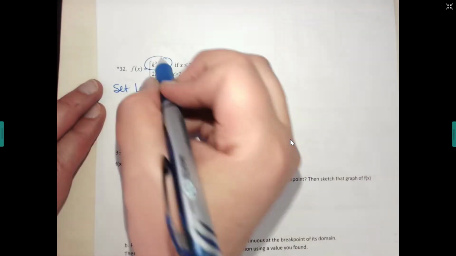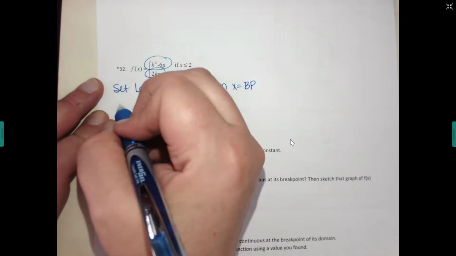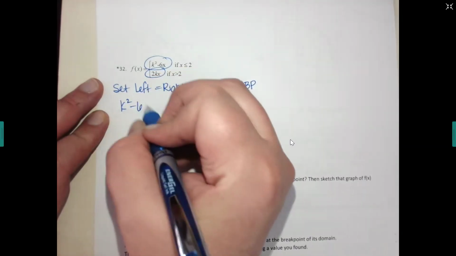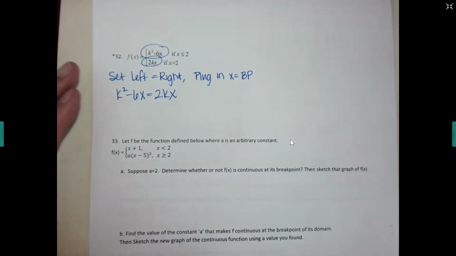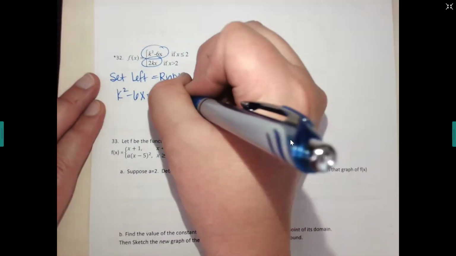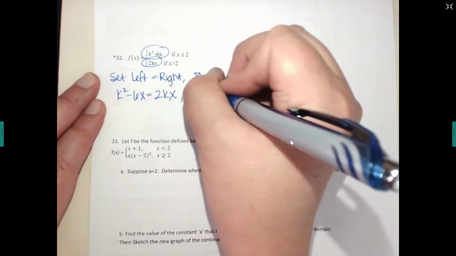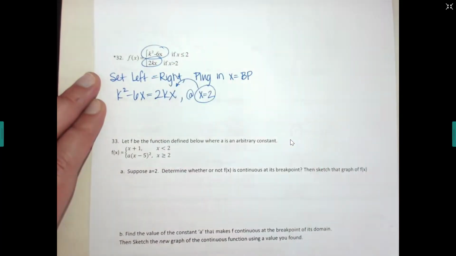So I'm going to let left equal right. So k squared minus 6x needs to equal 2kx. And then specifically that needs to happen when my x is 2. So I would plug that in to my equation.